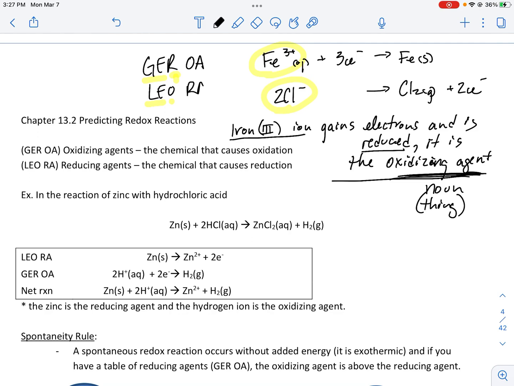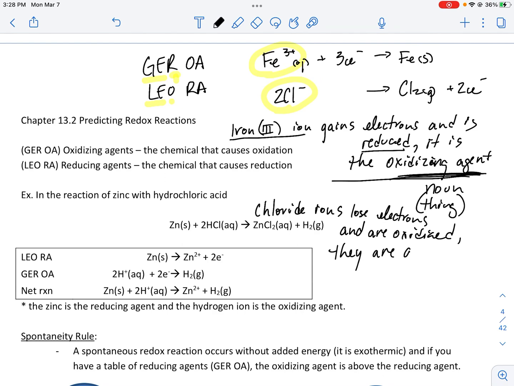LEO says A. So the chloride ions lose electrons and are oxidized, which is the process. They are a reducing agent. So the chloride ions can cause something else to be reduced.